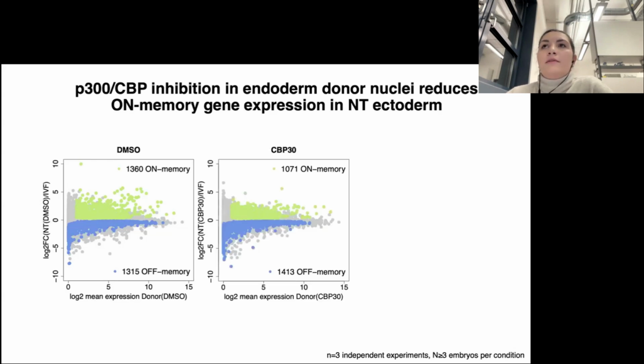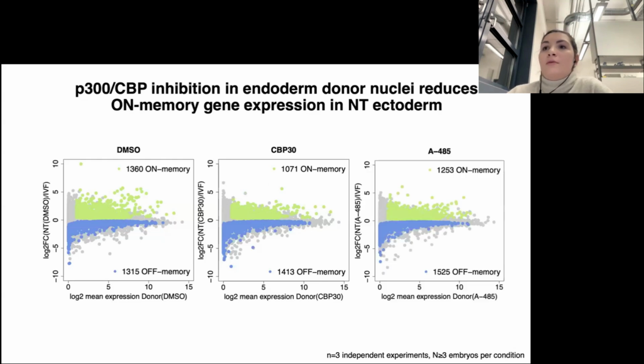When we looked at the bromodomain inhibition condition, which is CBP30, we could see that the number of on-memory genes dropped to about 1,000, and not only the numbers, but also the expression levels of on-memory genes dropped with this approach. A similar trend was followed by the catalytic inhibition approach, in which there was a reduction in the on-memory phenotype, yet more modest than with the bromodomain inhibition approach.